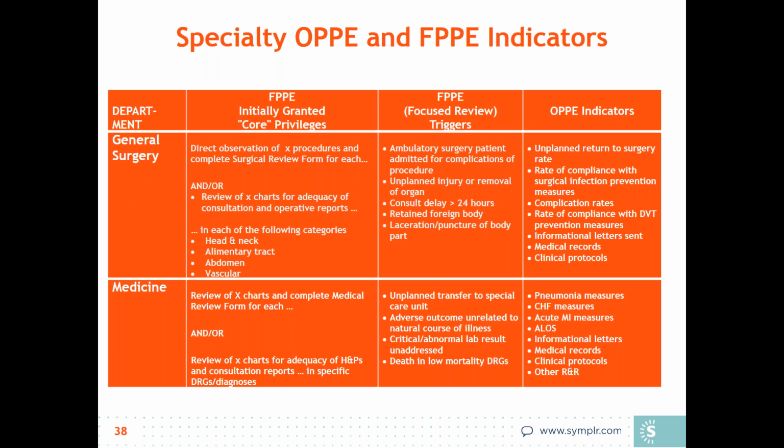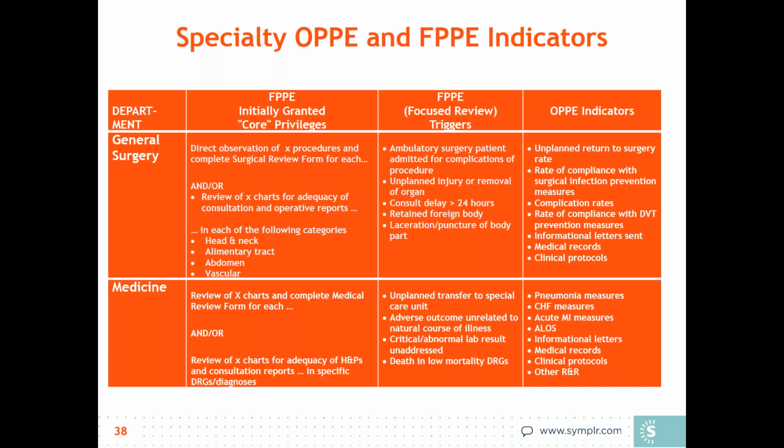It may be reviewing charts for adequacy of consultation and operative reports. And you may split it into different categories. You might say, we're going to look at one in head and neck, one alimentary tract, one in abdomen, one vascular. So you get a good rounded idea of different body systems and how that's working.